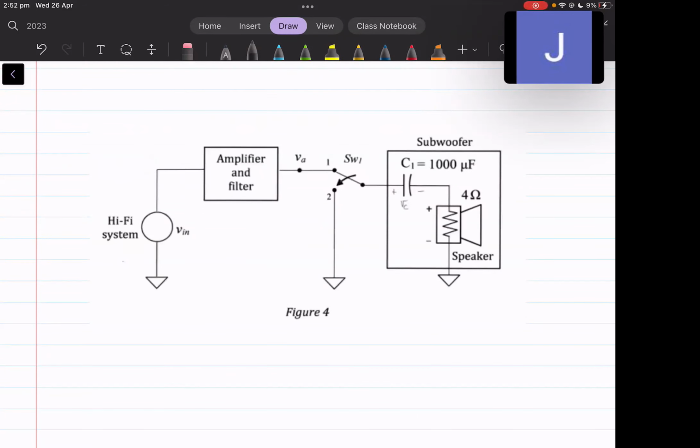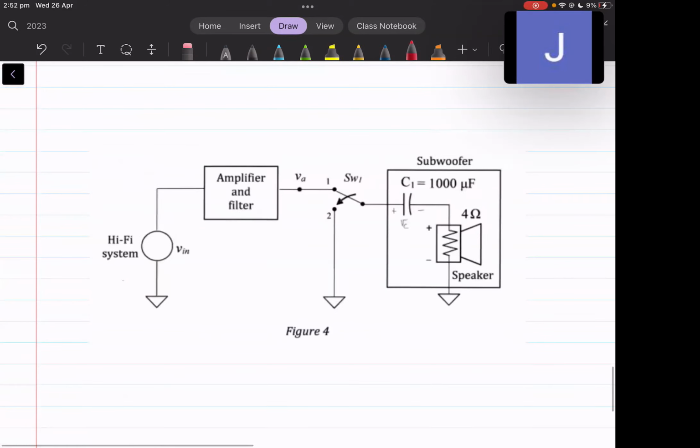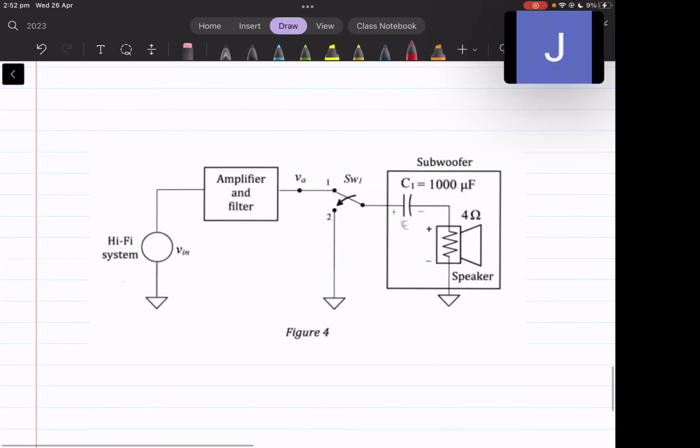To this step question. The premise of this question, which is 2019 Q2B, is that initially we have 0 voltage.